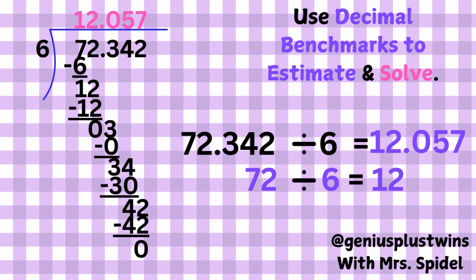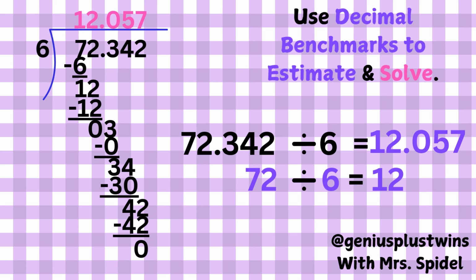In this case, it is 72. If that 3 had been 5 or greater, I would have rounded the number up to 73. But because it is 4 or below, I round down to 72. In this case, it was a 3, so it was very clear I would be rounding down to 72.